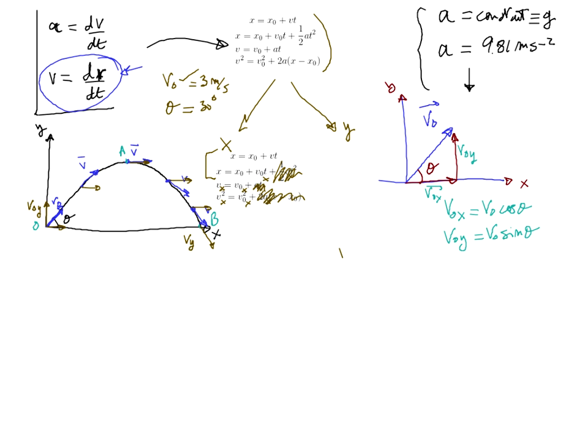So if I set x naught to 0, then the first equation becomes x equal to vt, and the second becomes x equal to v naught x t. Are they the same equations? Just look at them. Are they the same equation, or is there a little bit of a difference?